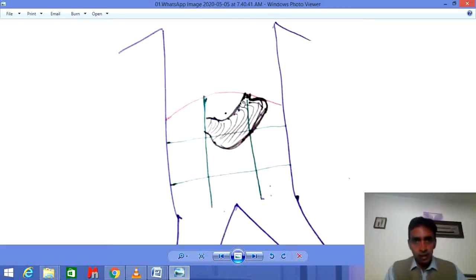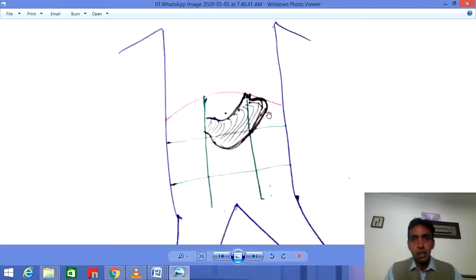The abdominal portion of this man is divided into 9 main parts, and the stomach is present in these 3 regions. This is the left side and this is the right side.